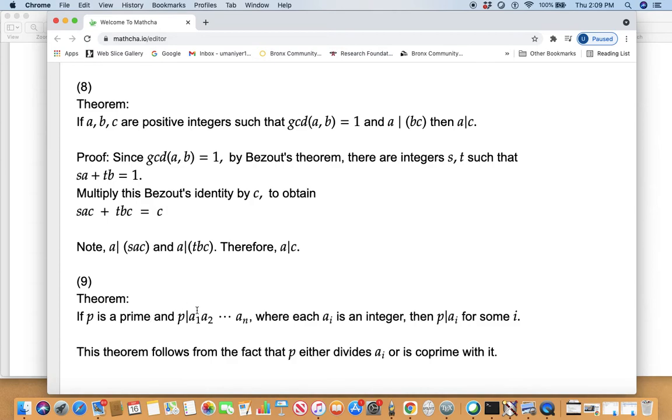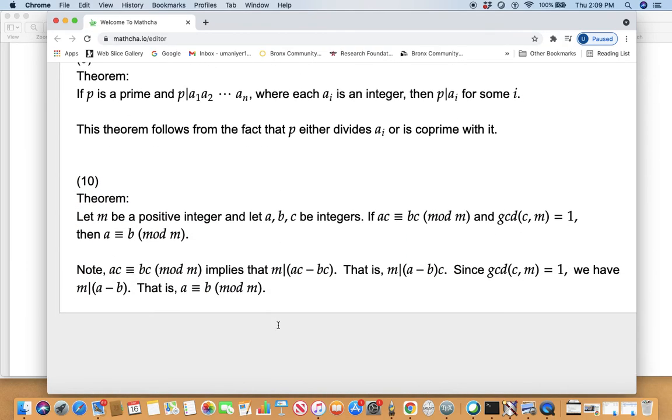Either p has to divide this one or they don't have any common divisor other than 1. Well, if that is the case, then p has to divide the rest of them by our result here: when a and b have GCD 1, and a divides bc, then a has to divide c. So p has to divide the rest, and keep arguing until p divides something, one of these integers.